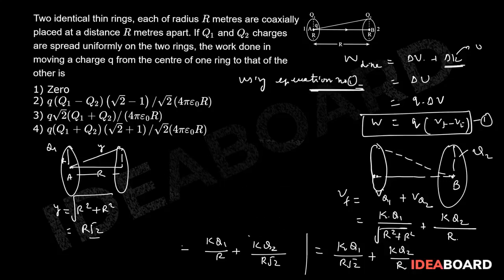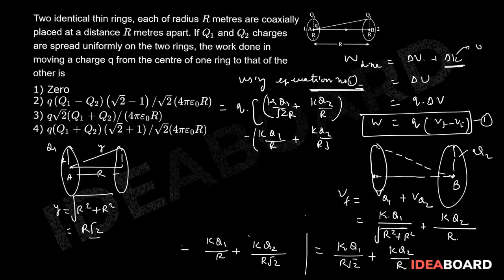That will be equal to Q into V final, which is K Q1 by R root 2 plus K Q2 by R, minus K Q1 by R plus K Q2 by R root 2. Perfect.